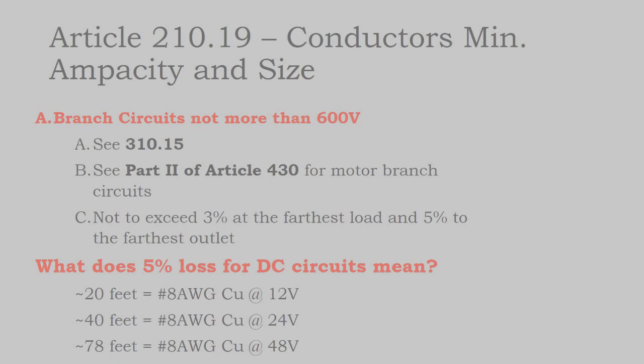Well, if we're using number 8 copper at 12 volts, I'm going to exceed a 5% voltage drop anything outside of a 20-foot perimeter of that battery bank. Number 8 copper is usually about the maximum size you go up to before lower power components may not accept larger cable than that.